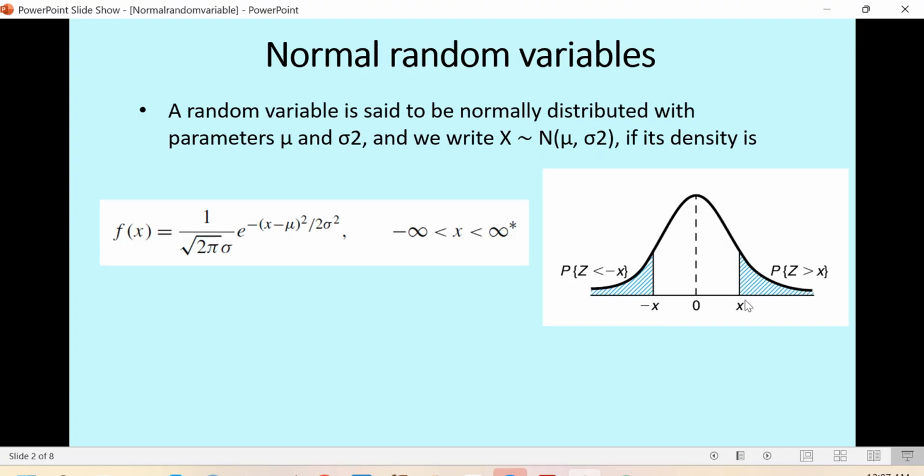And this blue area is the same as this blue one, which is the probability of a random number in this distribution being larger than x. So you can see the normal random variable's density curve is symmetric. And we also call this a bell shape.